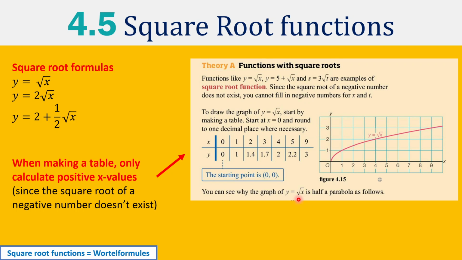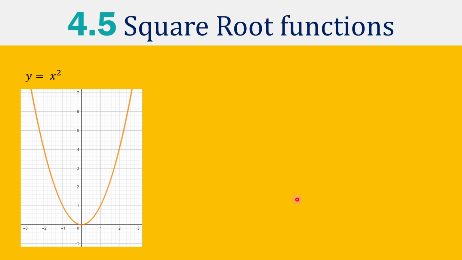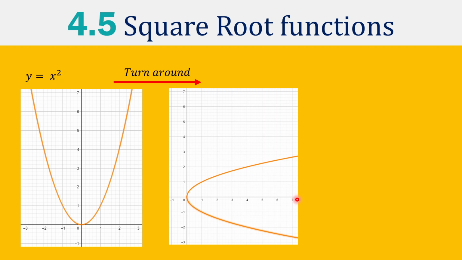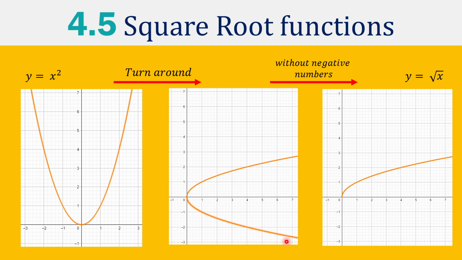If I take the formula y equals x squared, rotate it, turn it around on its side like this, and then state, well, I cannot have any negative values, so I'll erase that line, I find this line, which indeed looks like half a parabola turned on its side. You're going to do some exercises about that.